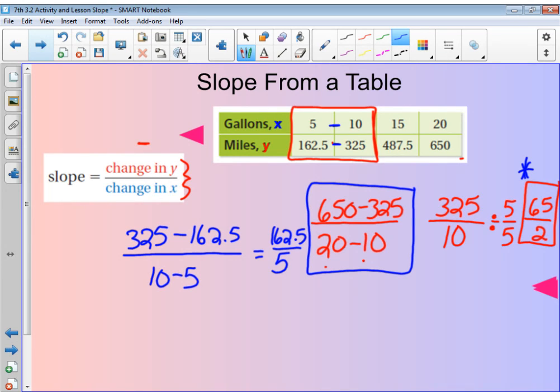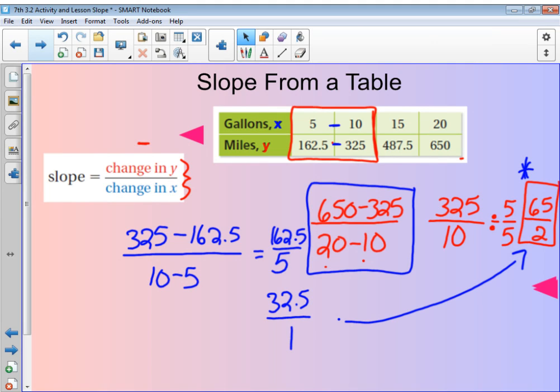But once again, I can't leave a decimal in my slope, which means I would have to double that to get that 0.5 out of there, which is going to end up taking us back to the 65 over 2. Okay, so when you see decimal numbers, if they give you some where there's whole numbers, work with the whole number sets.